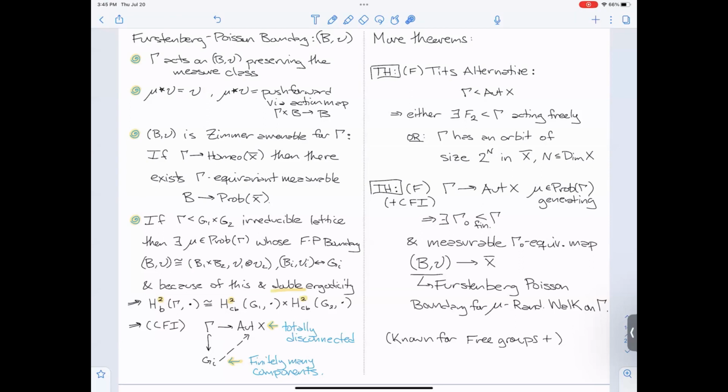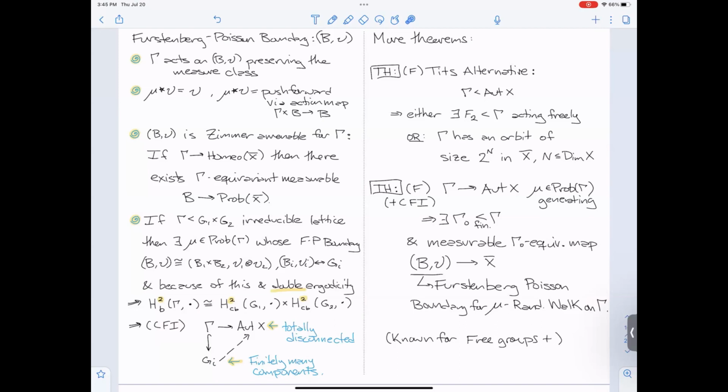If I have an irreducible lattice in a product of locally compact second countable groups, G1 cross G2, then there is a measure on gamma so that its Furstenberg-Poisson boundary is in fact a product, and not just an abstract product, but a product of boundaries for these ambient locally compact second countable groups.